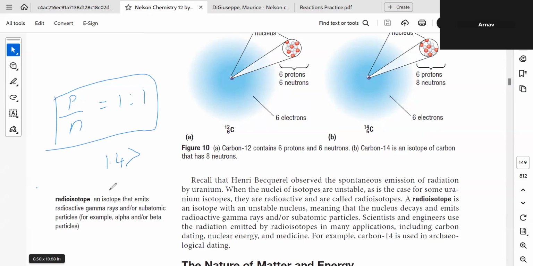Okay, I may not be right with the exact ratio. Let me confirm that. Yeah, 1.4 is right.